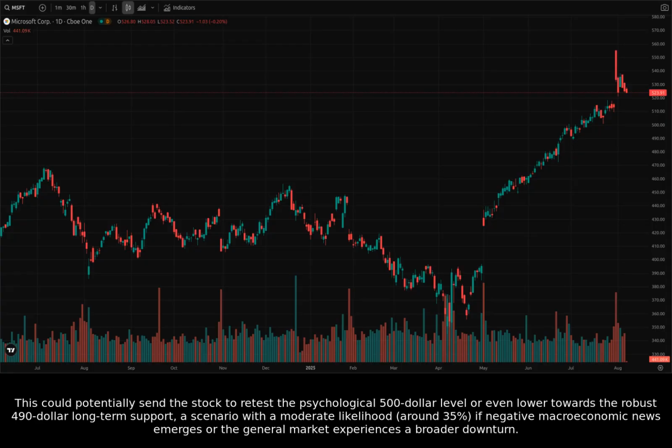This could potentially send the stock to retest the psychological $500 level or even lower towards the robust $490 long-term support, a scenario with a moderate likelihood, around 35%, if negative macroeconomic news emerges or the general market experiences a broader downturn.